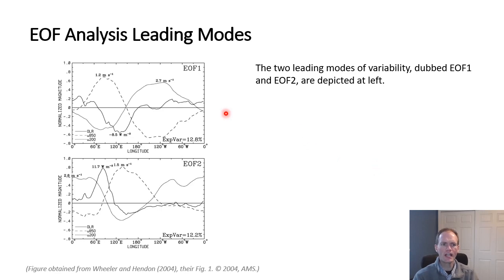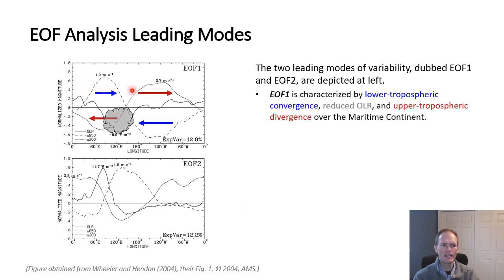So here on this slide, we have what those two leading modes of variability actually look like. The first one is dubbed EOF1, and it's here at the top. The second one is dubbed EOF2, and it's here at the bottom. They explain about 13 and 12% of the total variation in the data, respectively, and thus the sum of the two is 25% of the total data.